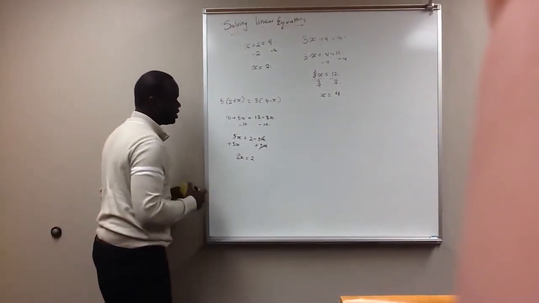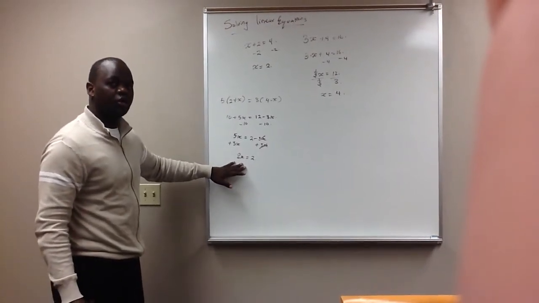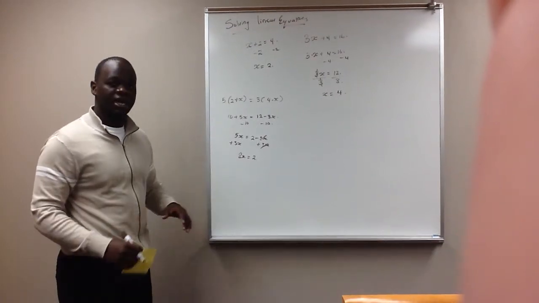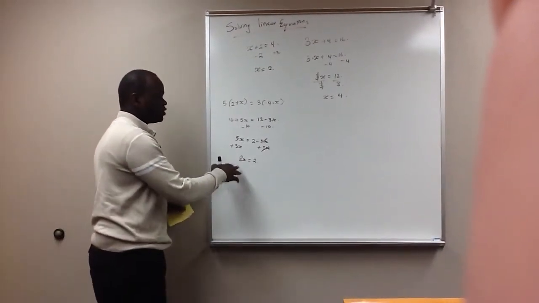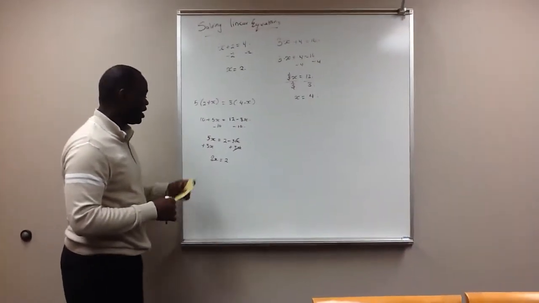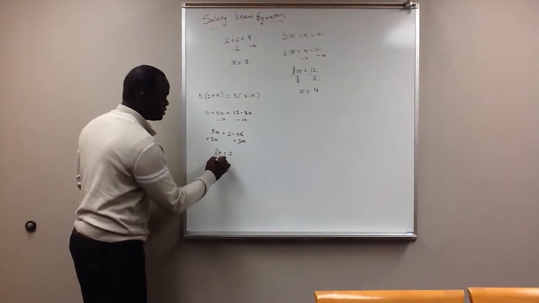Then after that, again, this is another factor or multiplier of x, which is 8x. And the way you take care of multipliers of x, or you try to get rid of that 8 so that you are left with only an x, is you divide both sides by 8.